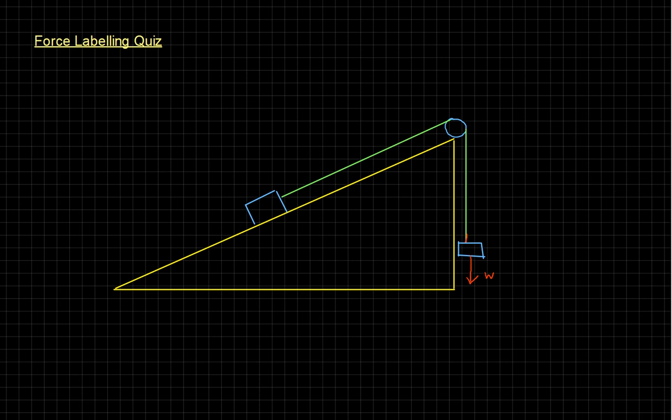So the string exerts a tension on the object here. There's additionally tension around the pulley here, same tension, T. Tension here again, going out from the pulley, and additionally some tension here pulling this blue box up.